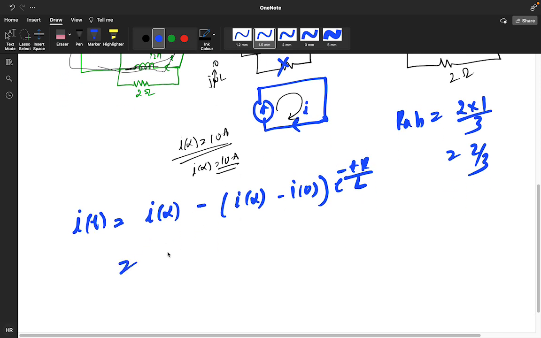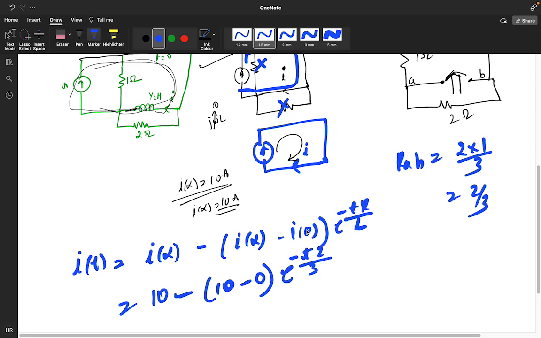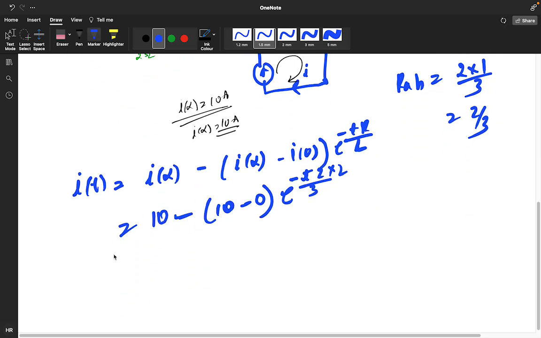So I of infinite we got 10 ampere, I of 0 we got 0, e power minus t into R value we got 2 by 3, and L value is 1 by 2. And 1 by 2 will be 2 if it goes upside. So what equation will you get? 10 into (1 minus e power minus 4t by 3).